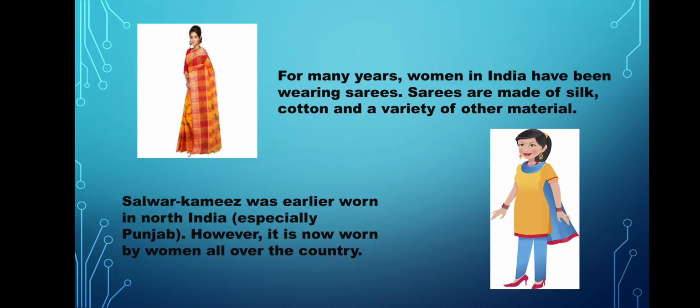Salwar kameez was mainly worn by people who lived in northern India, mainly in Punjab. But nowadays, throughout India, we are wearing salwar kameez. And sari is a very traditional dress. From a long time, women are wearing sari. Either it is made of silk, cotton, and nowadays varieties of materials are used to make sari.